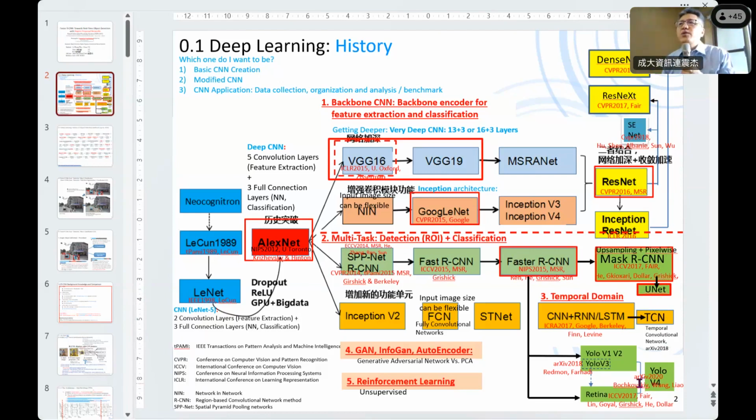The head relies on the loss function. So the network can be the same, but if you want segmentation, you just use the loss for segmentation. If you want the bounding box, you just use the loss function for the bounding box, either one.